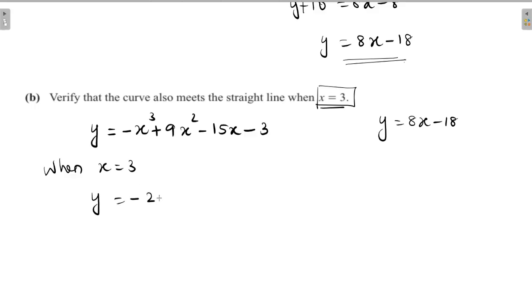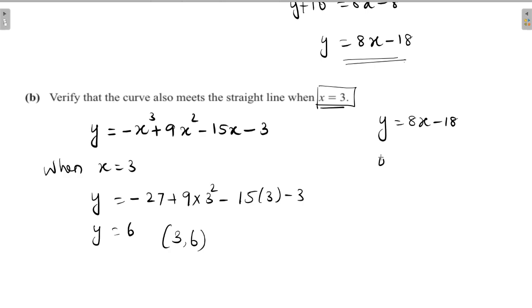So −27 plus 9 times 3 squared minus 15 times 3 minus 3. With the help of a calculator, y = 6. So the point is (3, 6). If the same point is on the line, it is verified.